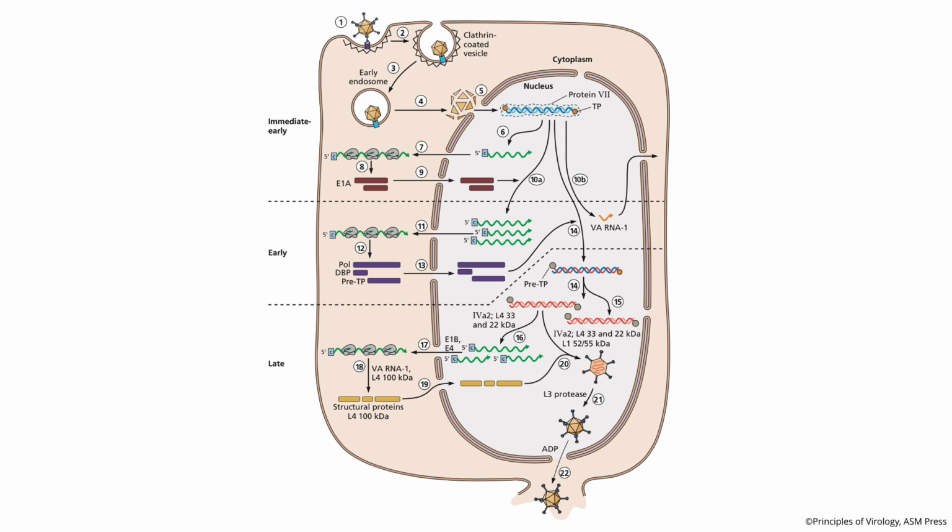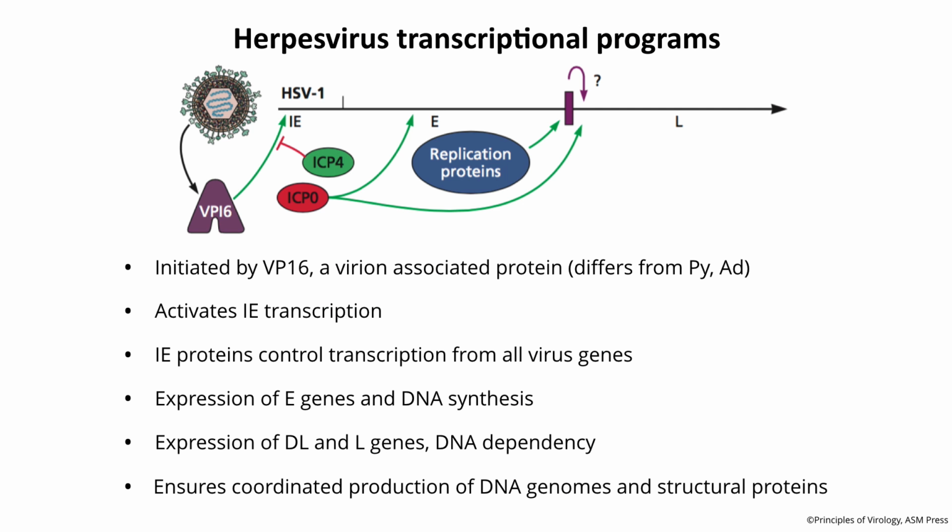And these mRNAs are encoding structural proteins. And those again have to come back in the nucleus because that's where the viral DNA and the proteins assemble. So when you look at it this way, I think it makes a lot of sense to regulate transcription in this manner. The last one we'll look at is Herpesvirus, which is just slightly more complicated than Adenovirus and adds a twist that I want to show you.